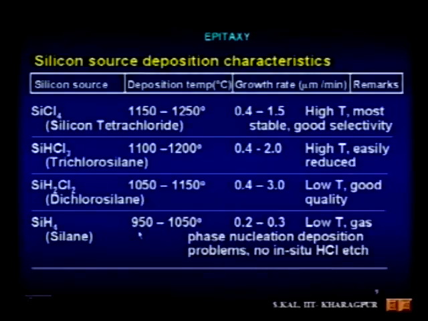One of the problems of these hydrides or organometallic compounds is that the precursor gases are highly poisonous and very difficult to handle. Silane is a much more dangerous chemical compared to silicon tetrachloride. So all hydrides are highly poisonous and difficult to handle compared to silicon tetrachloride.